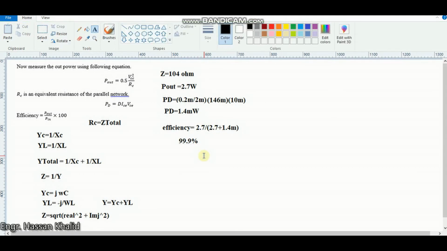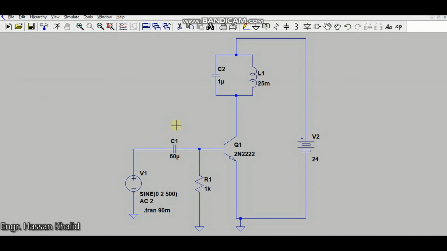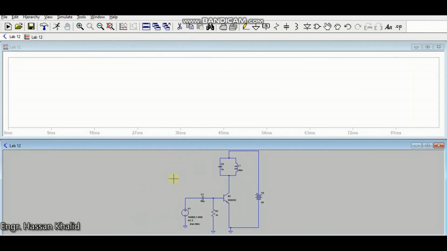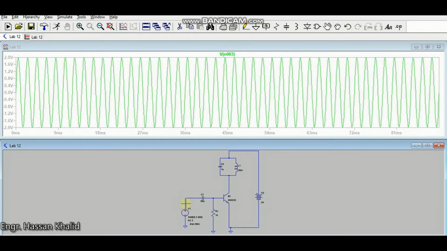So let's now check out the last phase, how the output looks when we say that this circuit is a frequency multiplier. Okay, now let's simulate the circuit and press the button. This one is my input signal, that's 2 volt, 4 volt peak to peak, and over here it's being clamped.